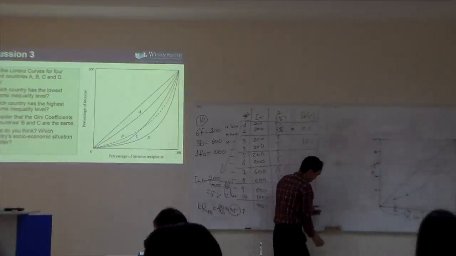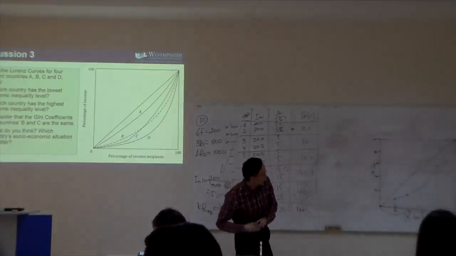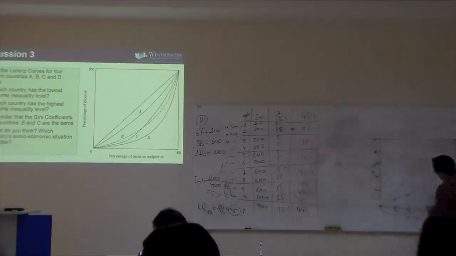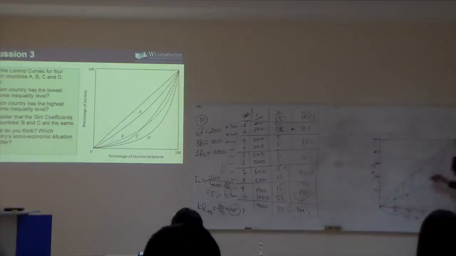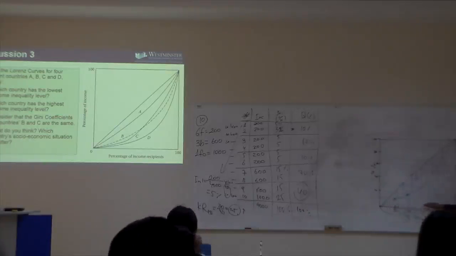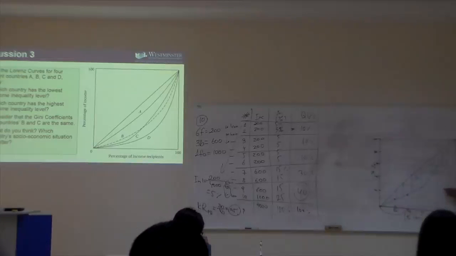Yes. So, consider the area between the line of equality and the Lorenz curve. This is the shaded area; let's call it shaded area A. And the remaining area, which is white, we call area B. Okay?